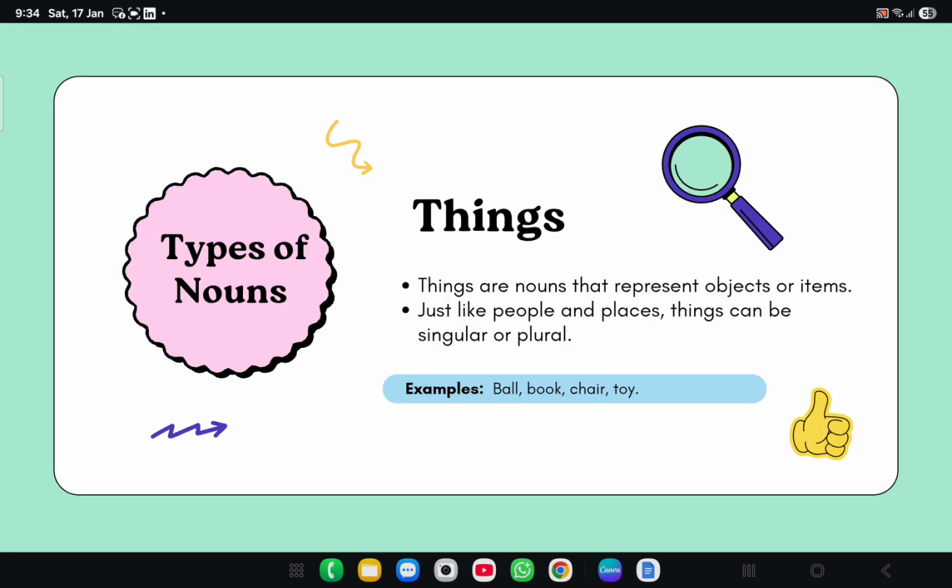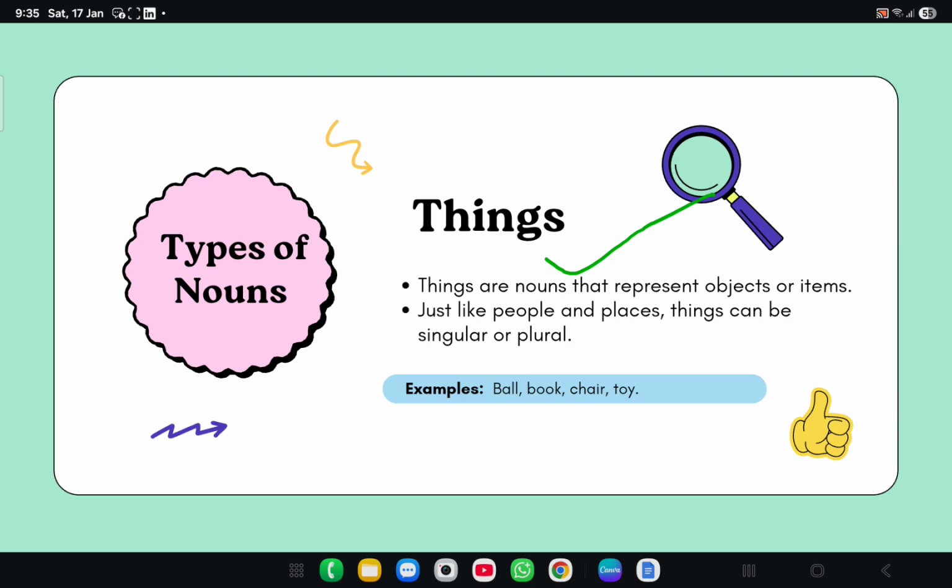Here we are going to know about things, how we can use things and recognize them in the sentences. Things are nouns that represent objects or items, just like people and places.